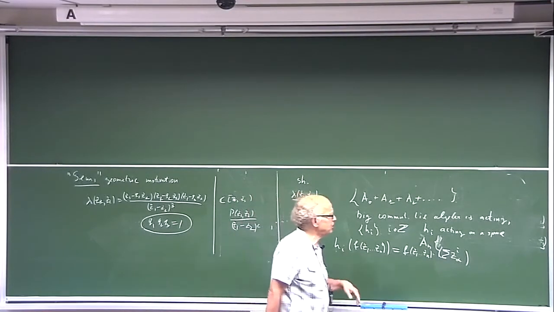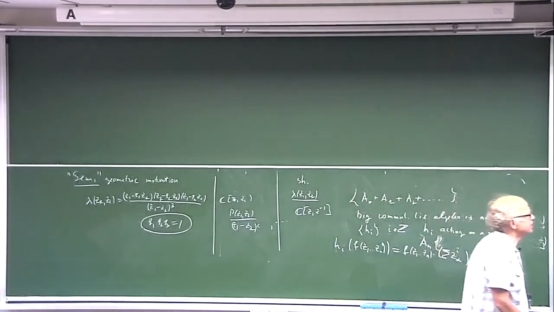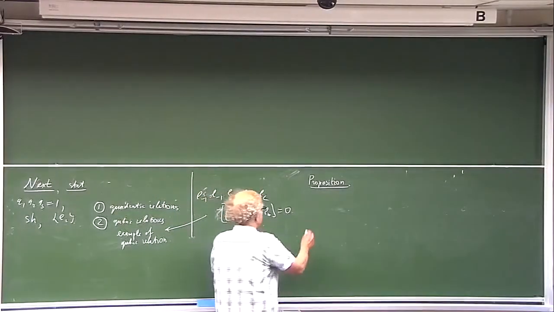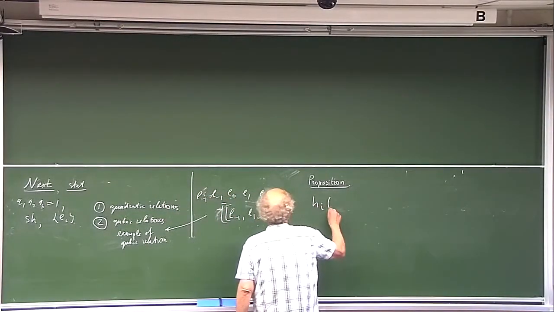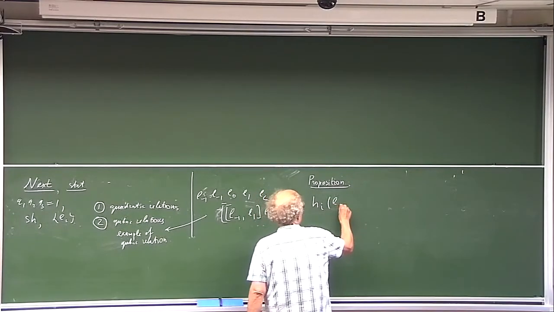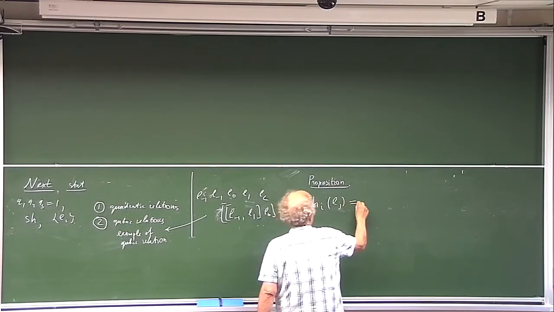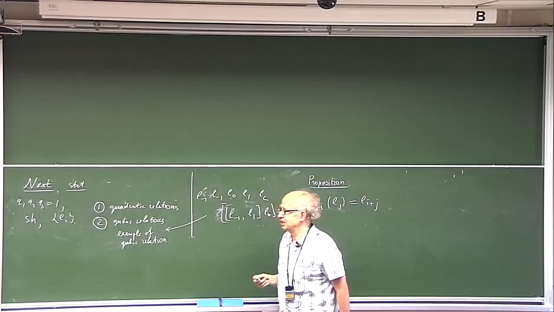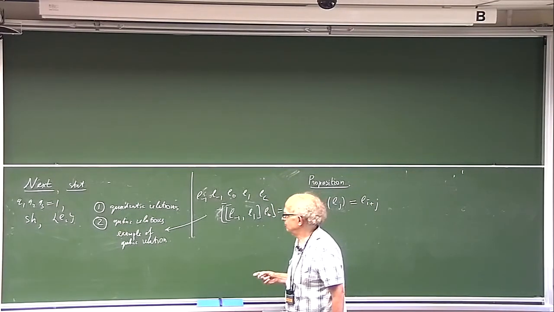And this is completely evident from the formula for the product, no problems. It means that, for example, in this case, such Hi, if I apply it to generator Bg, gives me Bi plus g.